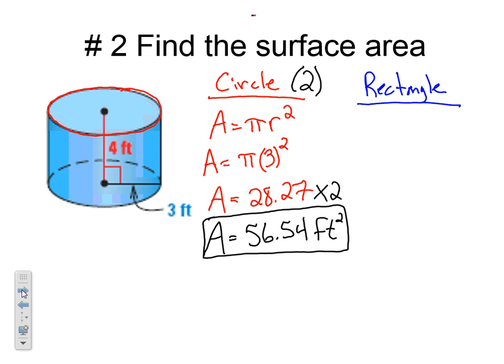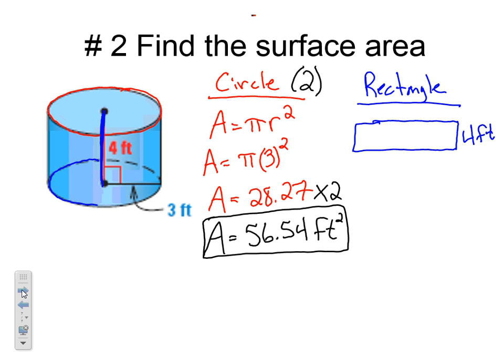The rectangle on this cylinder, I'm going to draw this out here. I know my height. That's what they're telling me right here. This is my height of my rectangle. My height is 4 feet. Now, my base, this is where it becomes really important, you guys. You're going to want to make sure you get this down.